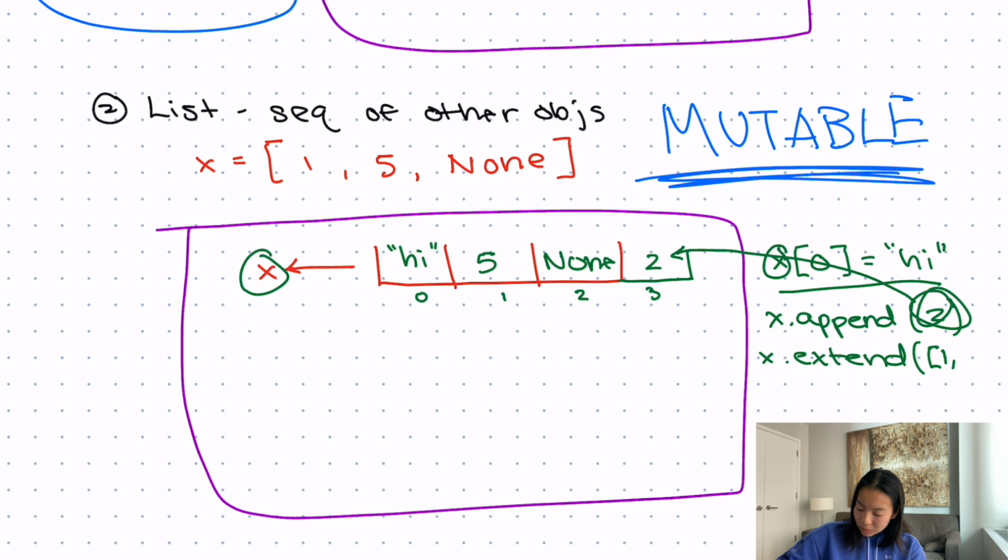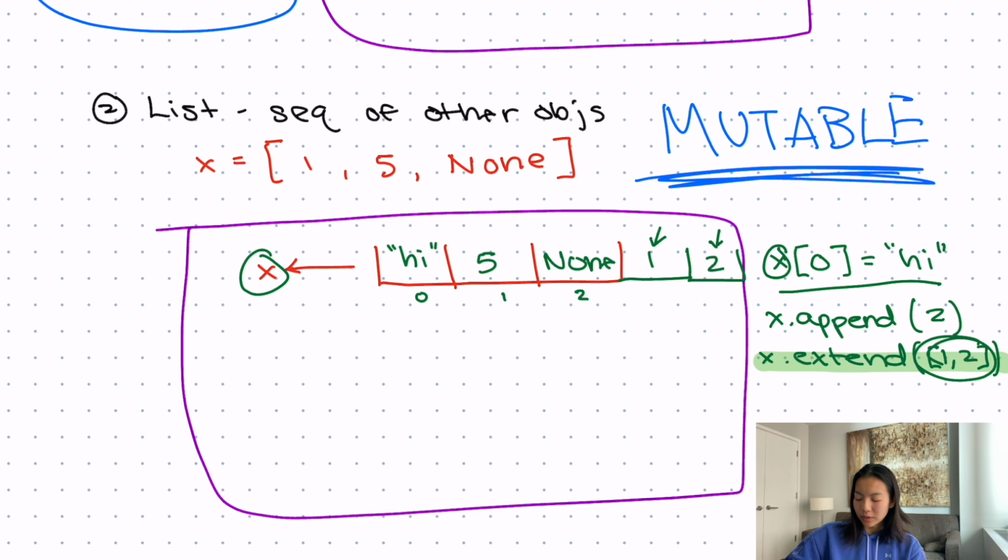So I'm going to do 1, 2. And what this line here is doing is saying, okay, extend, and then put whatever is in this list into here. So put 1 there and 2 there, all right?